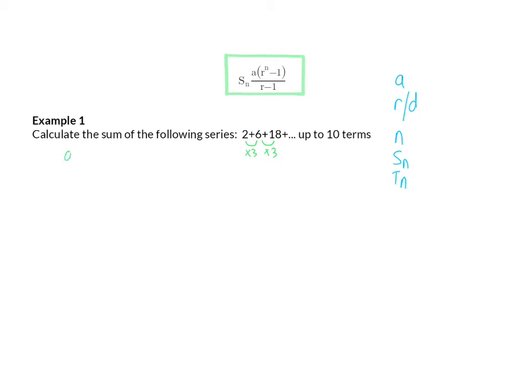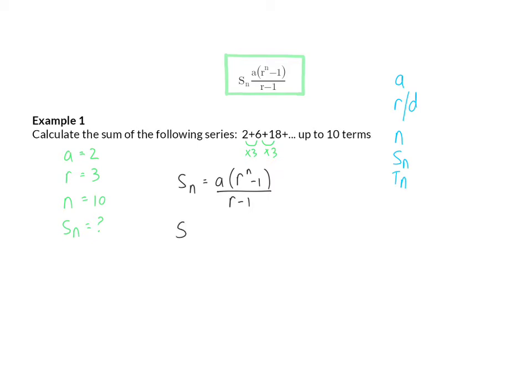So we already know that A, our first term, is 2. We calculated the constant ratio as 3, and we know we want to get the sum of 10 terms. So now we can calculate Sn using our formula. So all we need to do now is substitute into our formula.